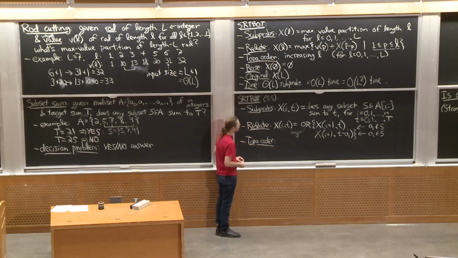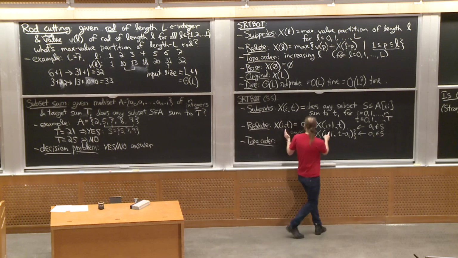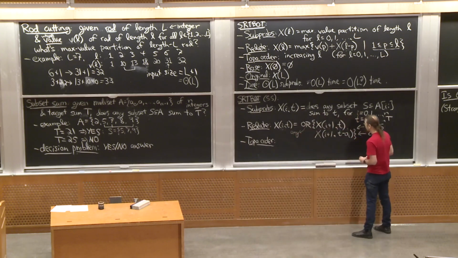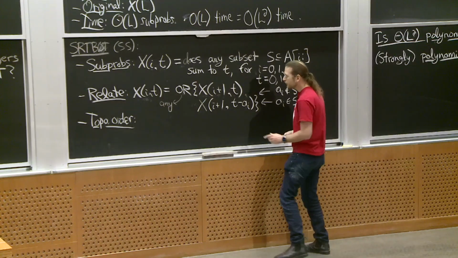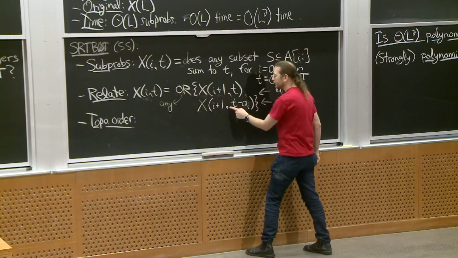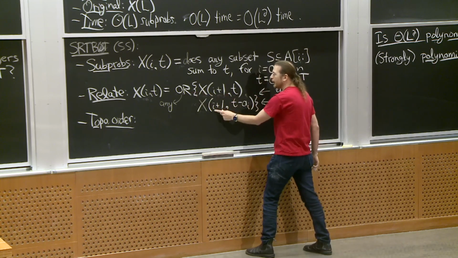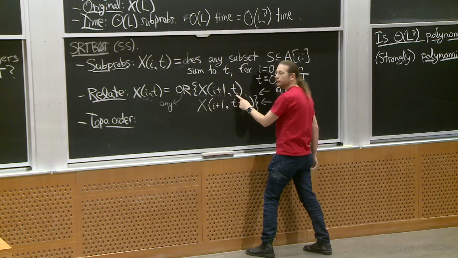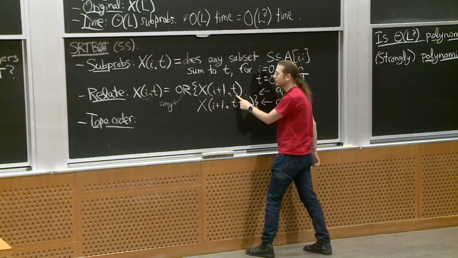OK, topological order. Well, let's just look at these function calls. So here we have to be a little bit careful. When we call x recursively, we always increment i. But sometimes we don't decrement t. Sometimes t doesn't go down.